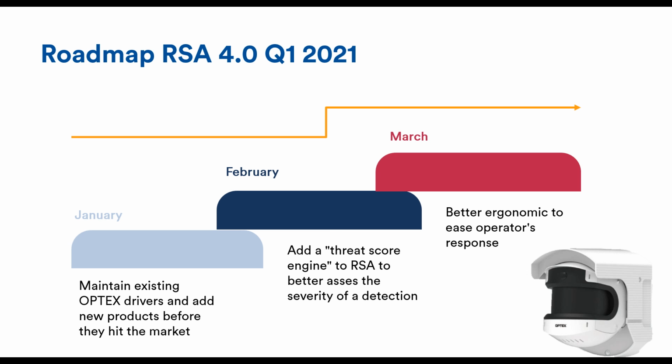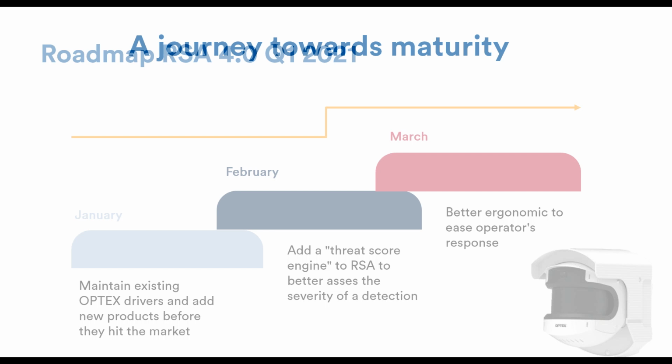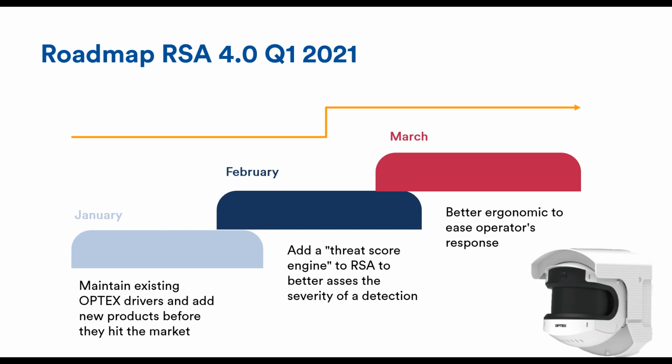So next to this, while we're maintaining that compatibility, on the roadmap I just wanted to mention two other things that are going to be available soon enough. One is that RSA is growing, and we are adding totally different sets of features, such as the threat score engine.